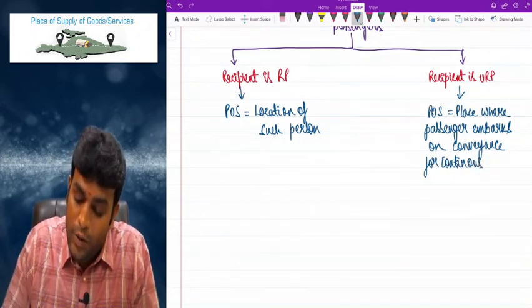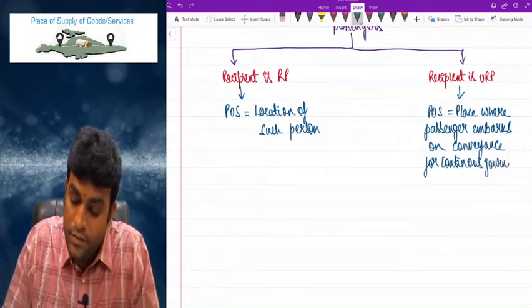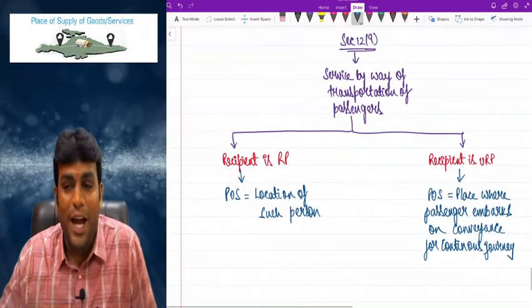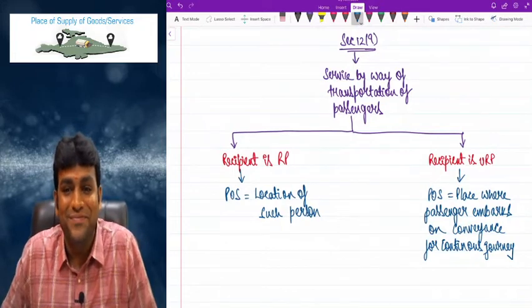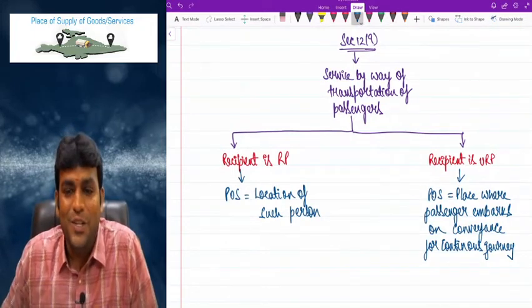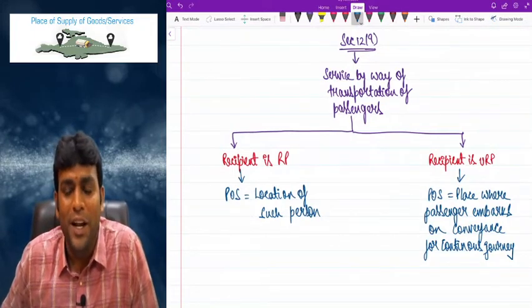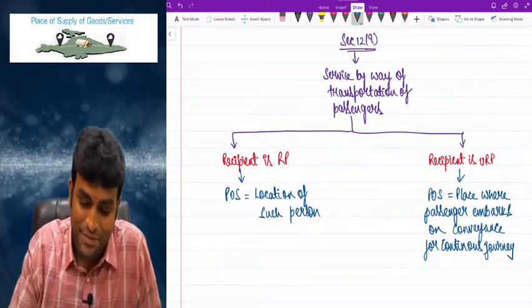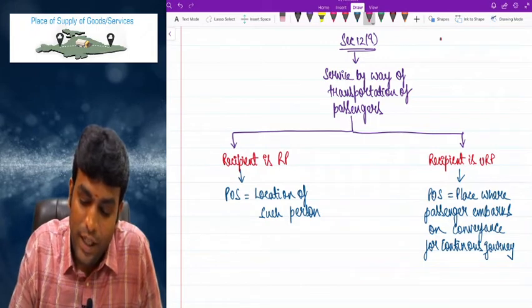Place where passenger embarks on conveyance for continuous journey. Continuous journey means you take one ticket at the starting and you continuously keep on going. There are no stopovers. Stopover is something like you get down, take one more ticket and then go. Sir, let me tell you very clearly.